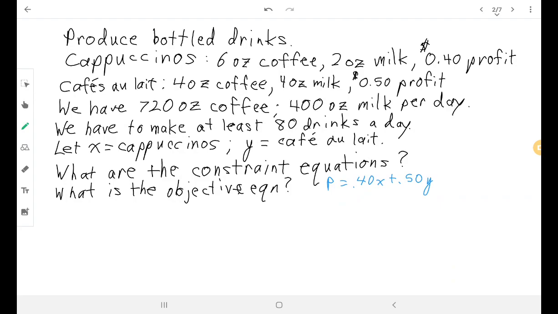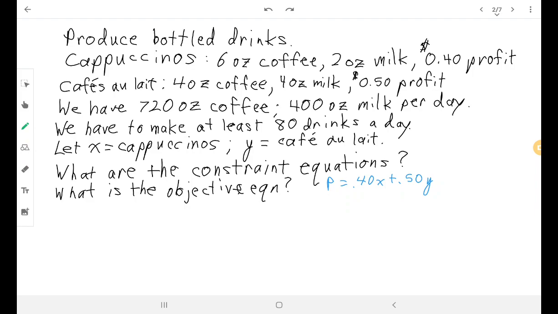So that's our profit, and that's our so-called objective equation. Now let's worry about the constraint equations. The constraint equations are the ones that are going to help us figure out where our vertices are, and we're going to talk more about that as we go.